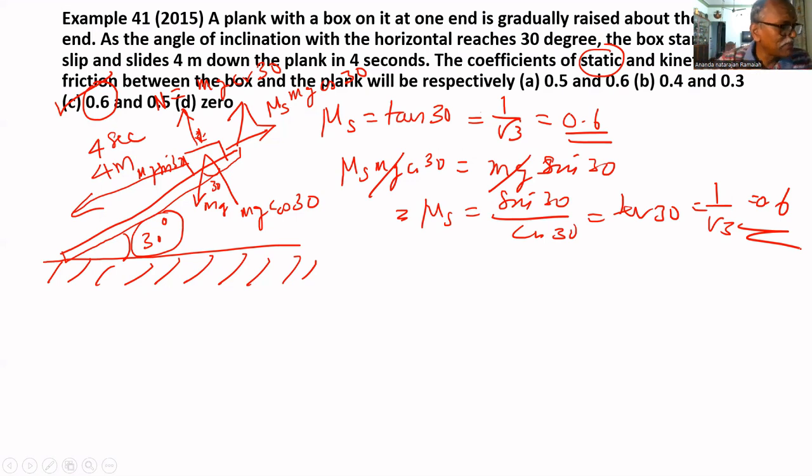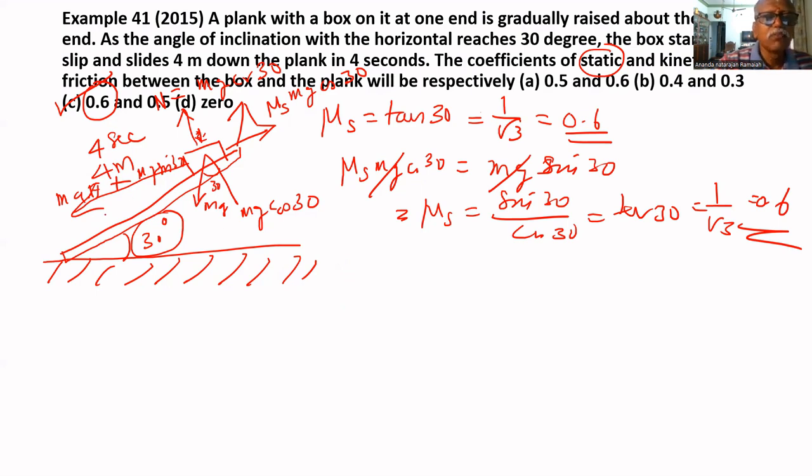To find the dynamic friction, a downward force F, that is mass into acceleration, comes into picture. So ma comes into picture.